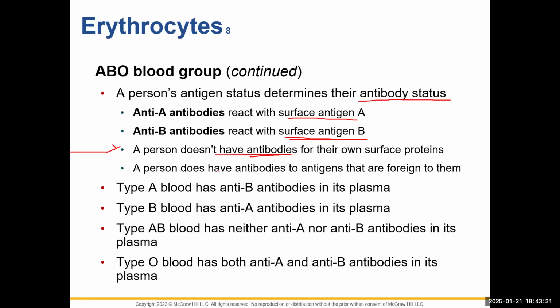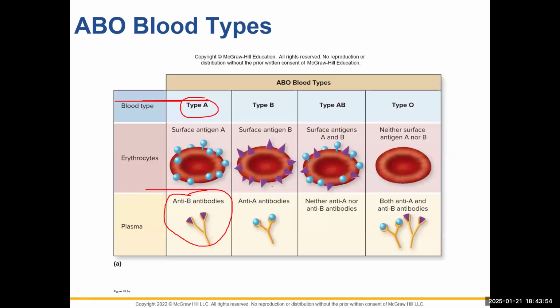But notice below it here, a person does have antibodies to antigens that are foreign to them. So if you see here on the screen, type A blood has anti-B antibodies in the plasma. That's this whole column here.